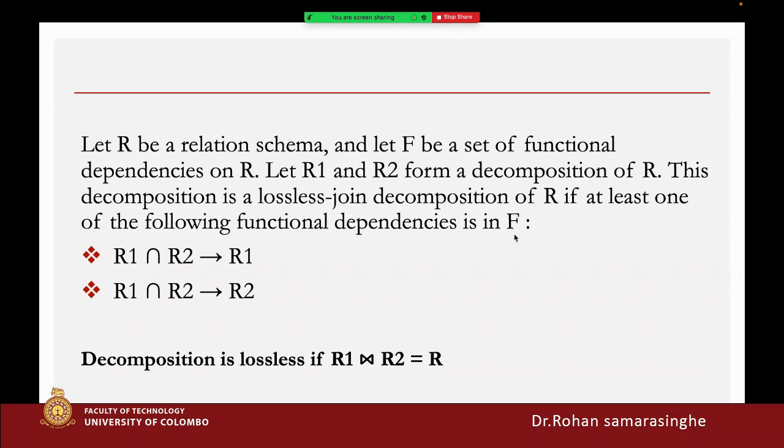If at least one of these functional dependencies of F holds, then the decomposition of R into R1 and R2 is lossless.